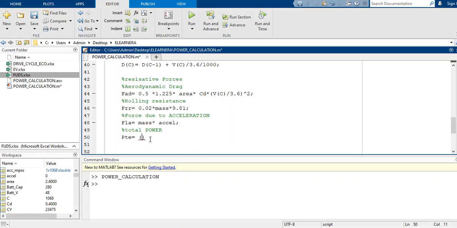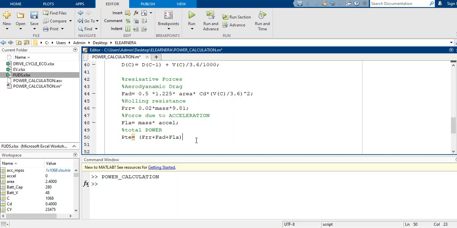So PTE is FRR plus FAD plus FLA. Yeah, clear guys? So from this we are putting up resistive forces, that is total resistive forces.